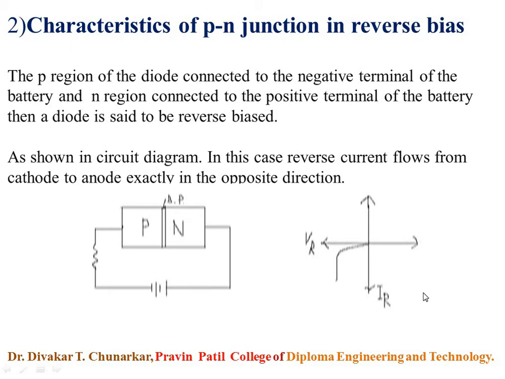Hence, we can say that in a PN junction diode, current flows due to the majority carriers and the direction of the flow is always from anode to cathode.